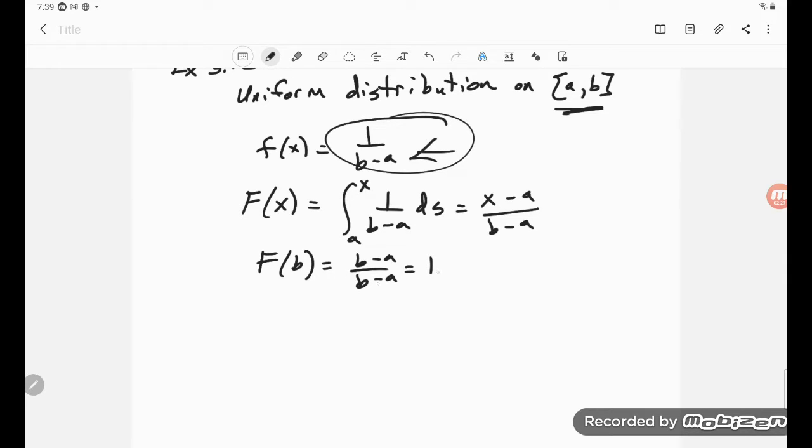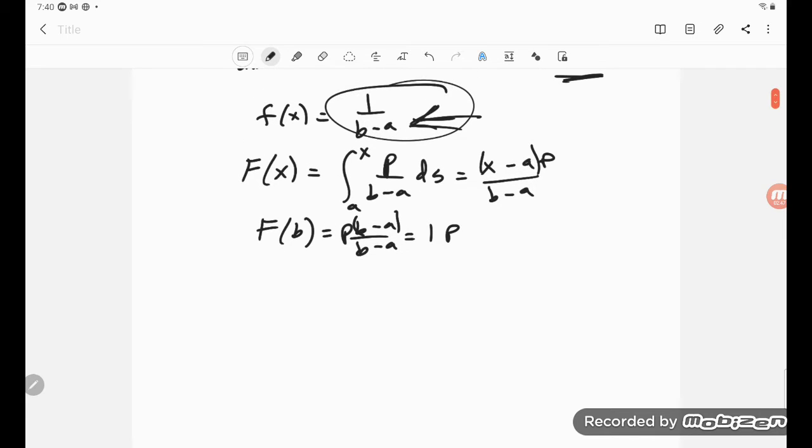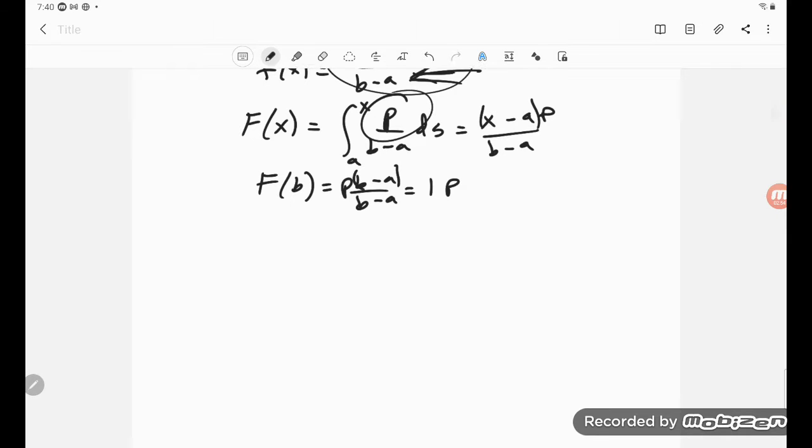So if instead of 1 I wanted p, I'd have to multiply there by p, and there by p, and so this would be a p. If we wanted it to be something less than 1, we have to multiply by that. So once we get our distribution based on the length of the interval, then we need to fix it up by a p.